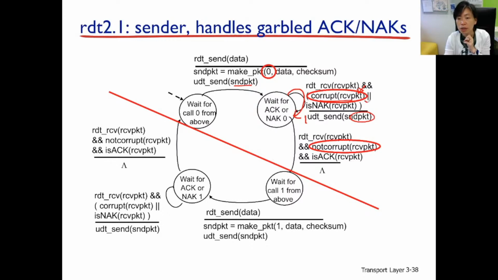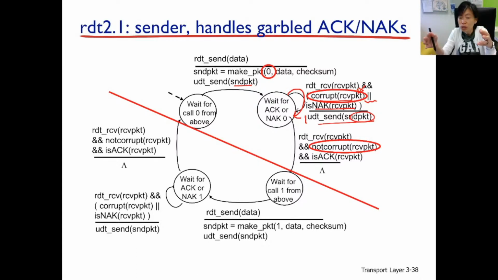There's another condition. If the packet is not corrupted, but it is a negative acknowledgement, then it's just like in RDT 2.0, we retransmit. All right, so this transition here gets doubled. It's checking two conditions. If it's not corrupted and a negative acknowledgement, retransmit. If it's corrupted, also retransmit.